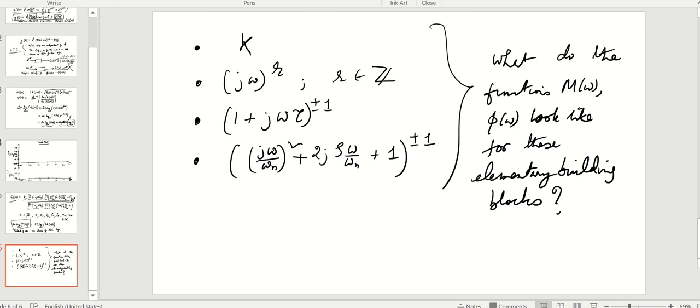And it's easy to sum two functions on a graph. At least graphically, it's very easy. At every point, you just take the sum of the magnitudes or the values of the two functions, and you get the net resultant function.